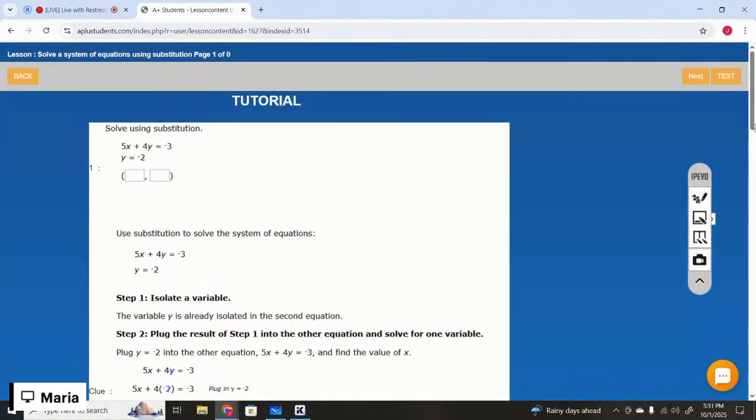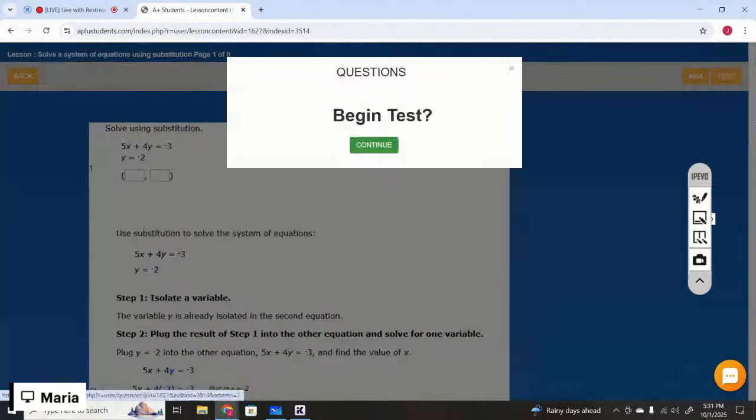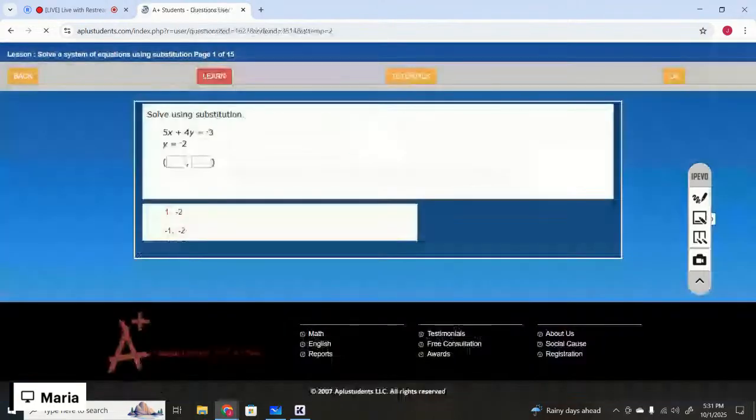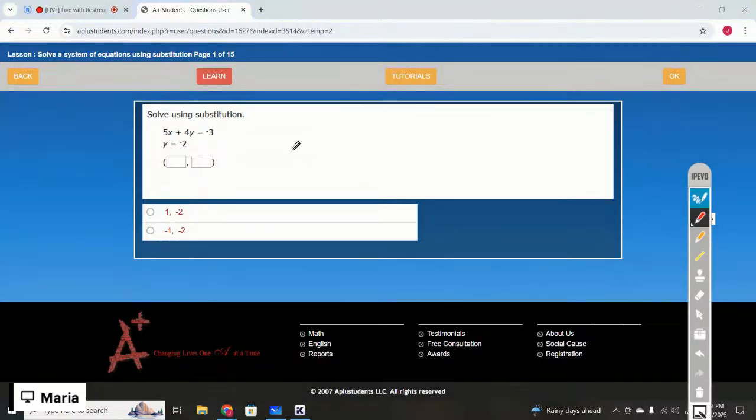Let's just start with the test questions. Solve using substitution. 5x plus 4y equals negative 3. So replace y with negative 2.